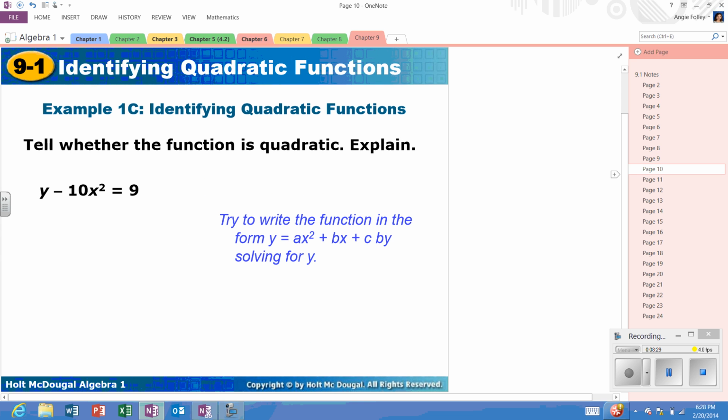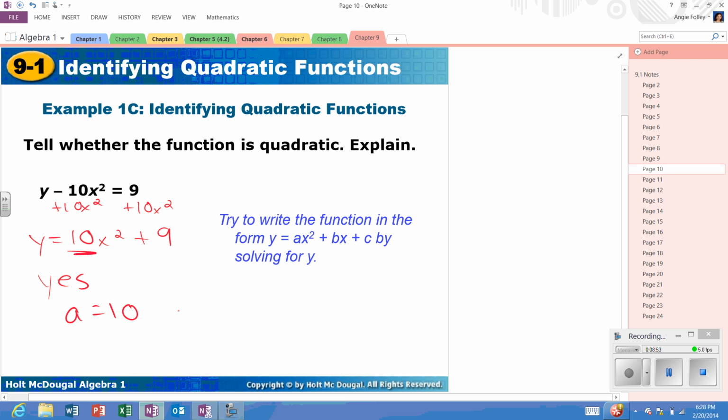For this next one, we want to see if it's a quadratic function. So I want to move everything to one side so I have y equals. I'm going to move this 10x squared over. So I have y equals 10x squared plus 9. So is this a quadratic function? It is, because my a is 10.